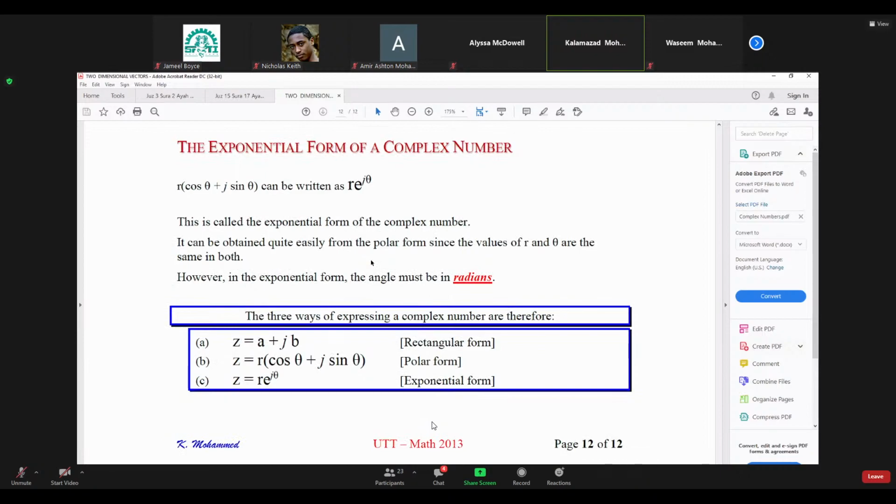Okay? And these would be the 3 forms: the rectangular form, the polar form, and the exponential form. All right? So let's go see how to apply these, get some questions.